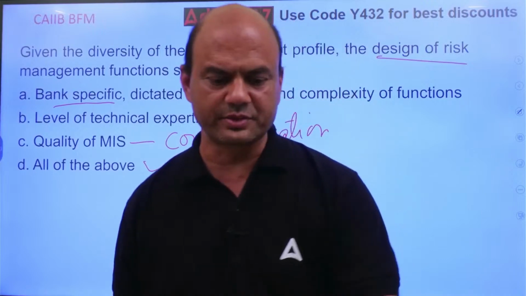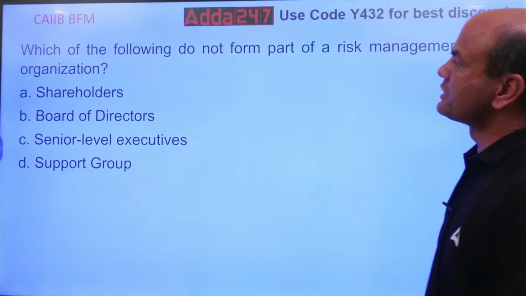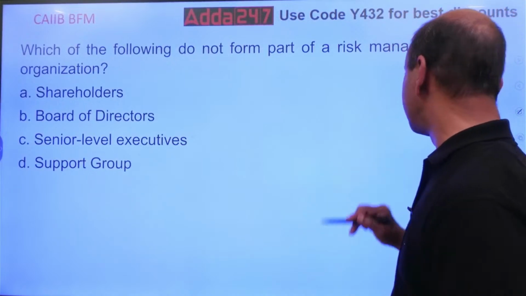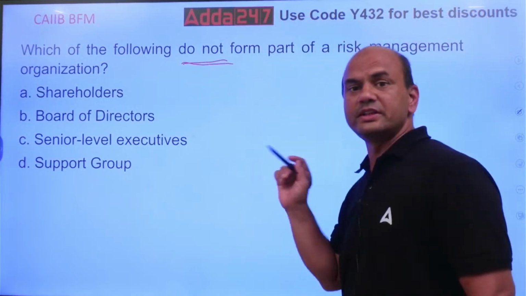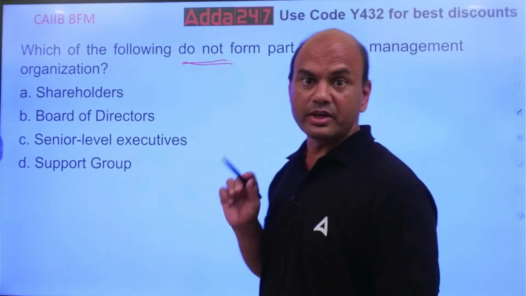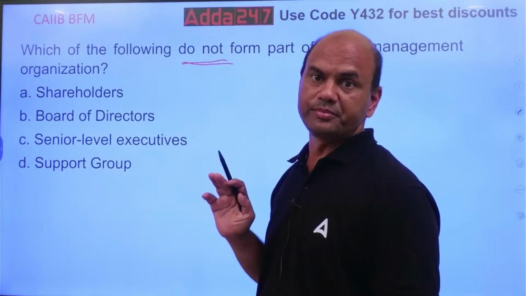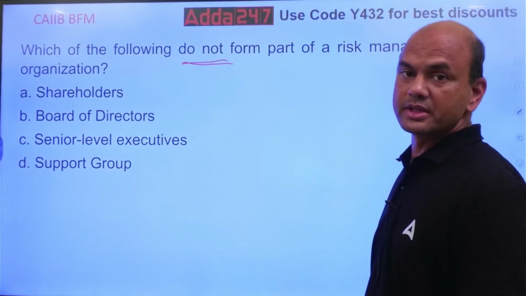Okay, so next one. Which of the following do not form the part of risk management organization? Now look at this. Do not form. Okay, do not form. Always in the exam, you need to focus what is asked. Are do form or do not form? That is what is to be checked. Do not form the part of risk management organization.